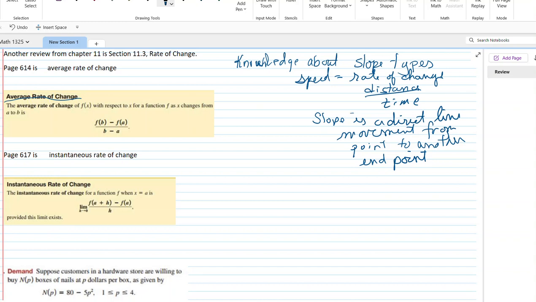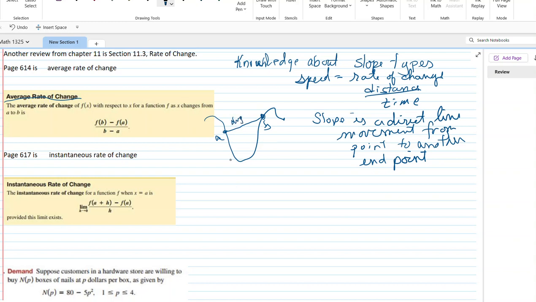Think of it as speed, all right? The average rate of change of f of x with respect to x for function f, as x changes from a to b, from some start point on the function to another point on the function. This is the a point and this is the b point. So we're finding the average.